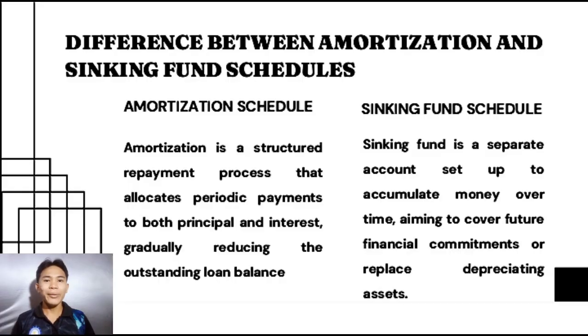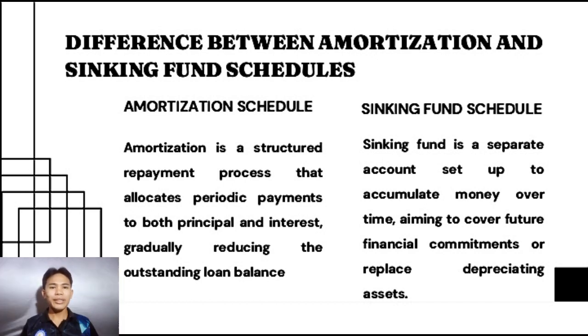Before we start, we are going to differentiate between amortization and the sinking fund schedule. Amortization is a structured repayment process that allocates periodic payments to both principal and interest, gradually reducing the outstanding loan balance. The significance of amortization lies in providing a clear roadmap for borrowers to eliminate their debt over a specified period of time.